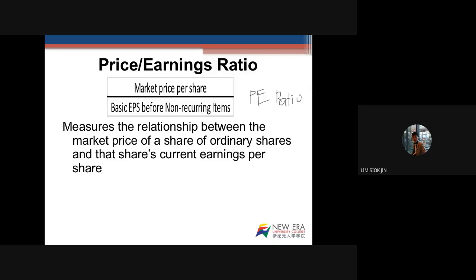So the market price divided by the earnings for every piece that you own is the PE ratio. So PE ratio, of course, is price divided by earnings. So if company A and company B, they calculate the PE ratio. Okay, A got PE ratio of 5, B got PE ratio of 10.